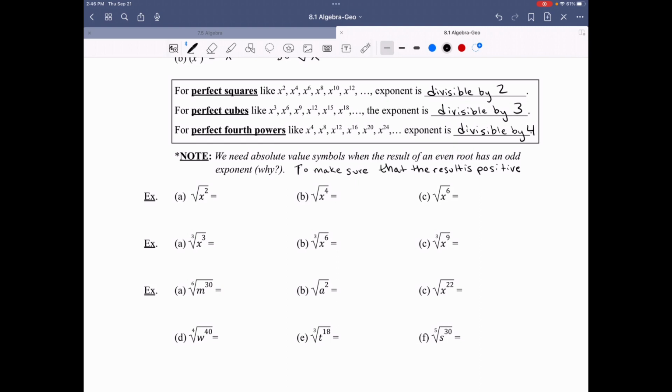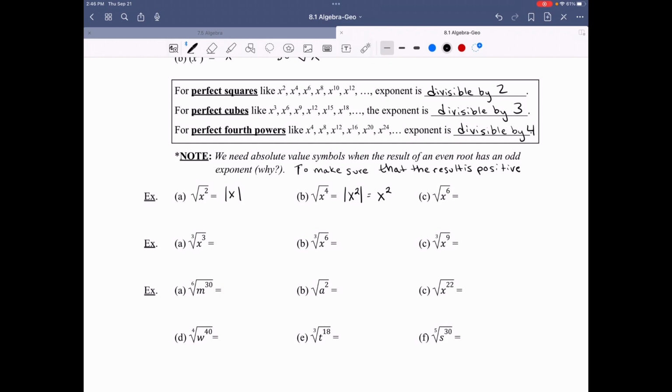What is the square root of x squared? It's the absolute value of x. And then the square root of x to the 4th is the absolute value of x squared, but because we're squaring it, it's automatically going to be positive no matter what x is.